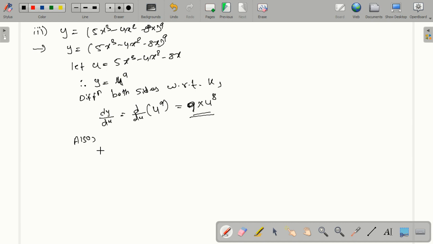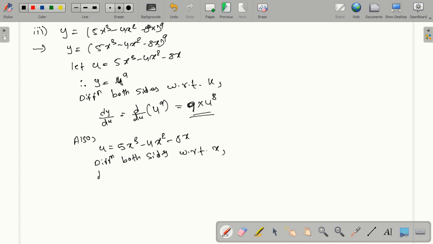Also we have u is equals to 5x cube. Sorry, I'm just going to rub this up. You have u is equals to 5x cube minus 4x square minus 8x. So we are going to differentiate both sides with respect to x.